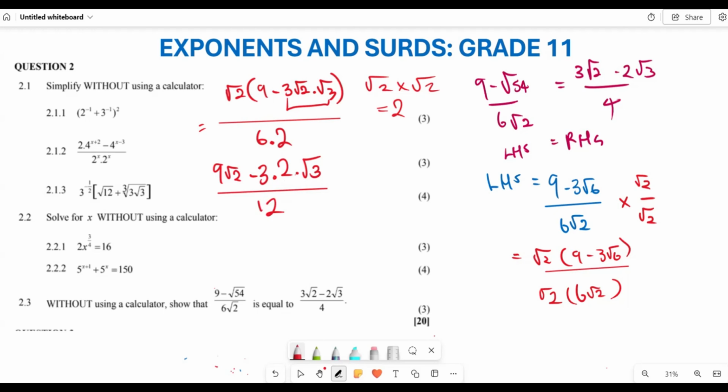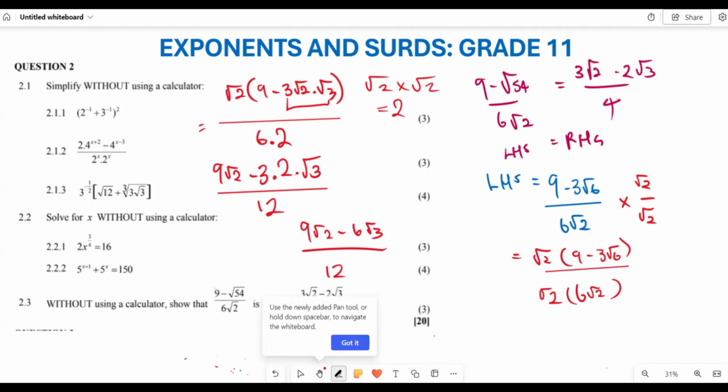And now after that, what is it then that I'm going to have here? So now I can start by saying, look, this is the same as 9 root 2 subtract 6 root 3, if I'm not mistaken, right? Divided by 12. Now I can take out a common factor here, right? And which common factor can I take out over here? I can take out a common factor of 3, if I'm not mistaken.